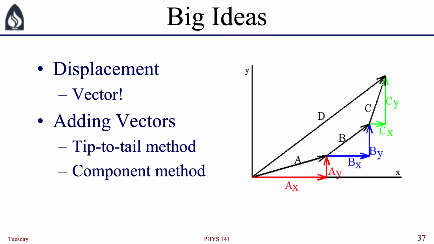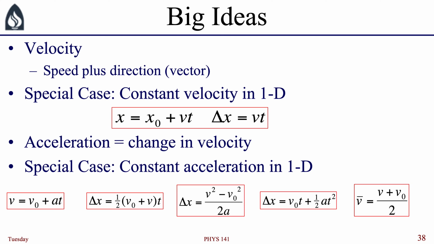And that's where we break the vectors into their components and then add all of the x components together and then add all of the y components together in order to find the x and y components of the resultant vector. We also looked at velocity and how velocity is speed, but it's also direction, so it's a vector.